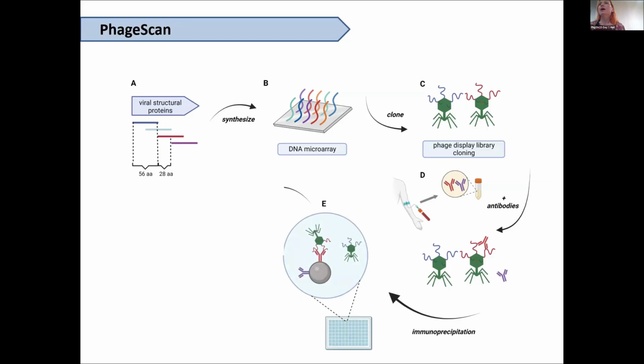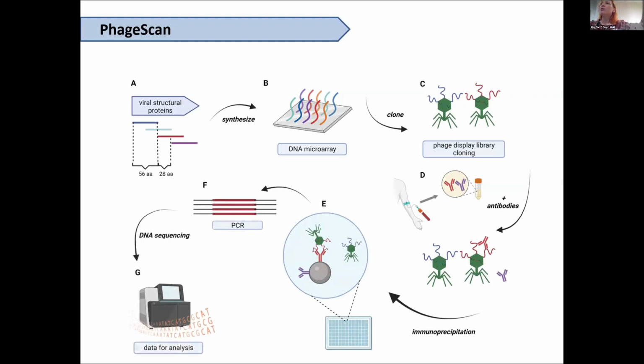Then we use magnetic beads to get the fraction of the interacting ones, and we wash away everything that did not interact. And because of this coding sequence in the DNA, now we can amplify, sequence, and we have a pool of data on the epitopes that have been recognized in a particular patient.